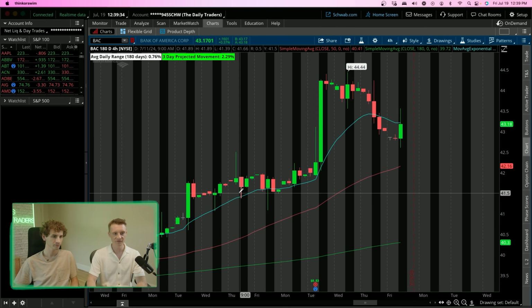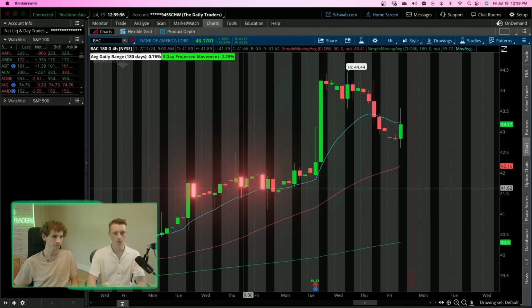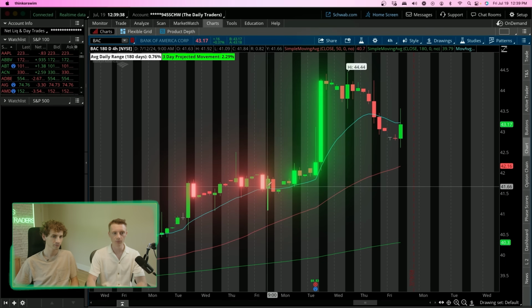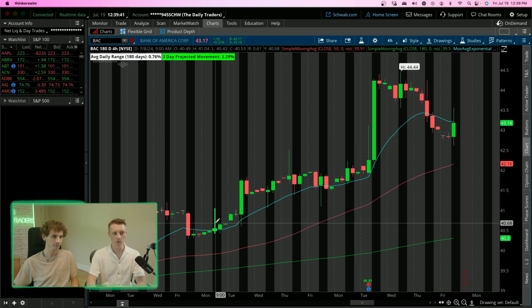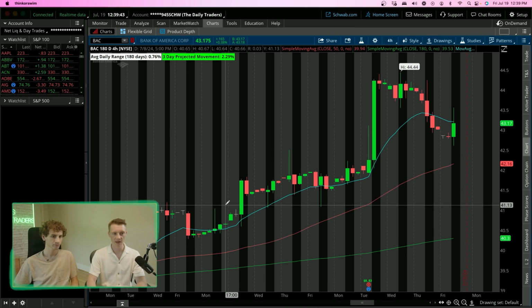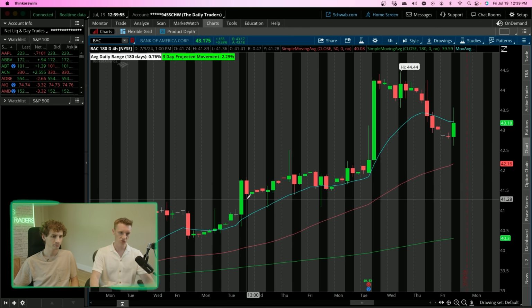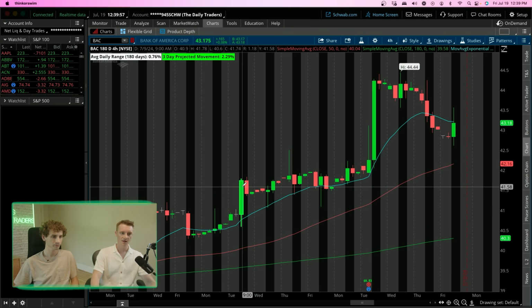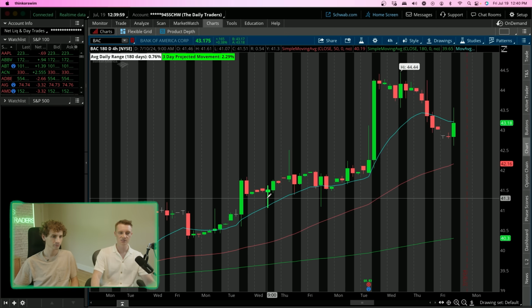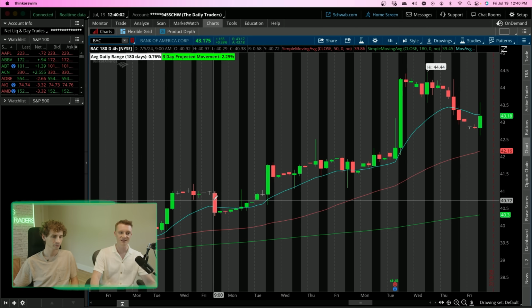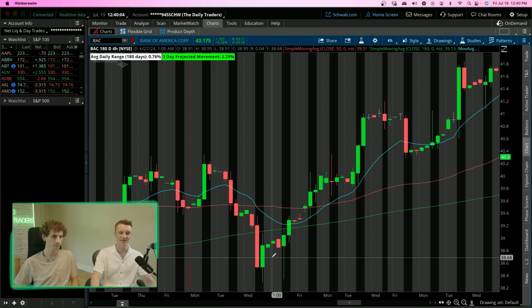It's fine if they slightly break through one of these moving averages and end up pulling back above. But overall, we want to see that they are respecting, treating one of these moving averages as either a support or a resistance level. So if candles are trading above a moving average, for example the 15-day, that means the 15-day is acting as support. And if they're trading below the 15-day, that means the 15-day is acting as resistance.